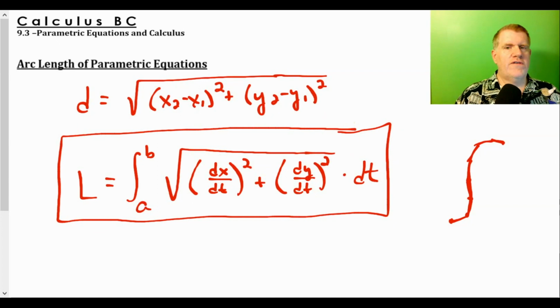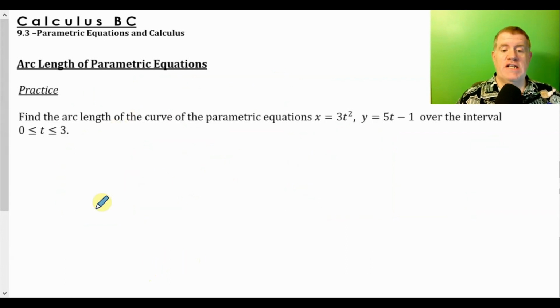If you remember the arc length formula we used before, it's very similar, except we had a 1 plus dy over dx, or dx over dy, depending on how we did it. Because we had to have one function there, and now we can use the two functions because we have a parametric.